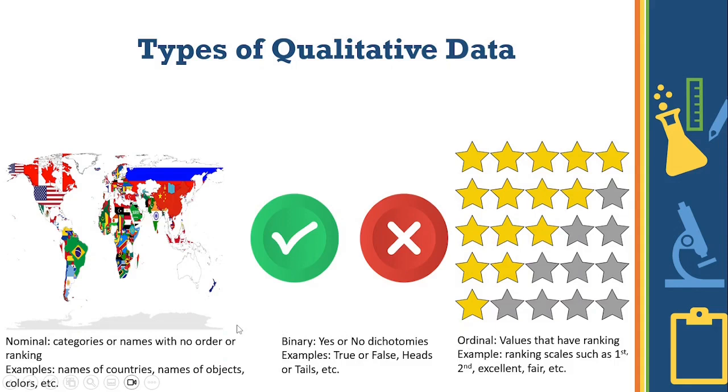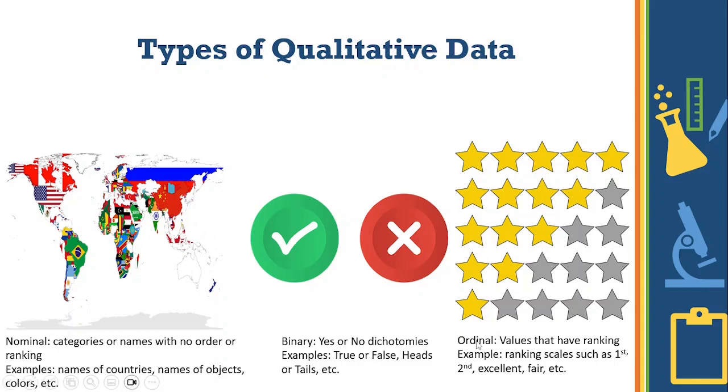Nominal data, as the name implies, are name data or categories where there is no order or numerical ranking involved between them. Examples could be names of countries, colors, etc. Binary data, on the other hand, are dichotomies where there are two values, two categories involved. For instance, true or false, or heads or tails, etc.